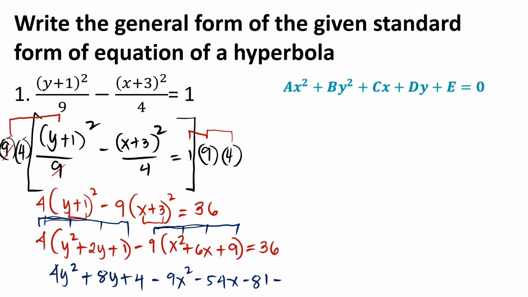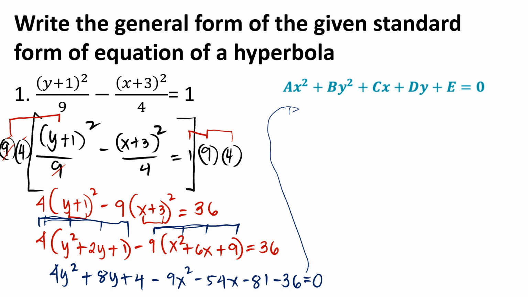We can now transpose the 36 because the general form is equated to 0. So this will be now simplified as to adjust them into the notation. So in the general form, the x squared term will be the first.